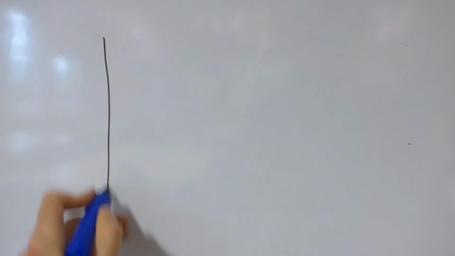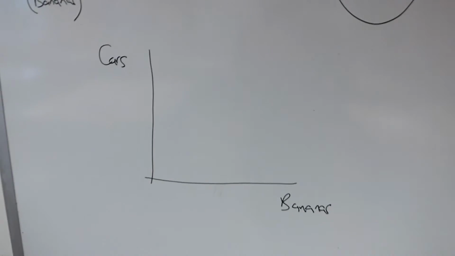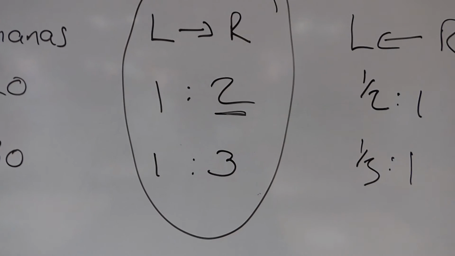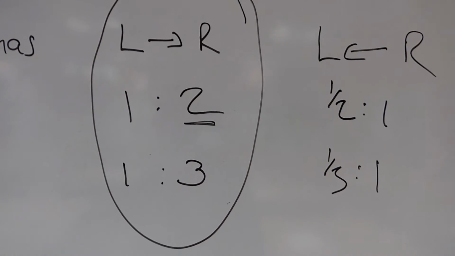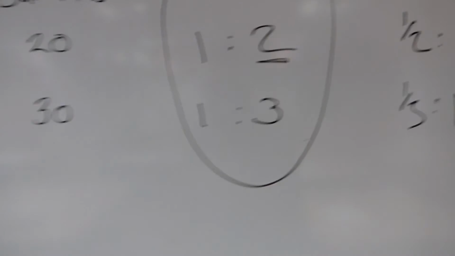So I'm going to draw a set of axes. And on the vertical, I'm going to have cars. On the horizontal, bananas. Okay, we can see that in the UK, back to our opportunity cost ratios, for every car they produce, they have to give up 2 bananas.